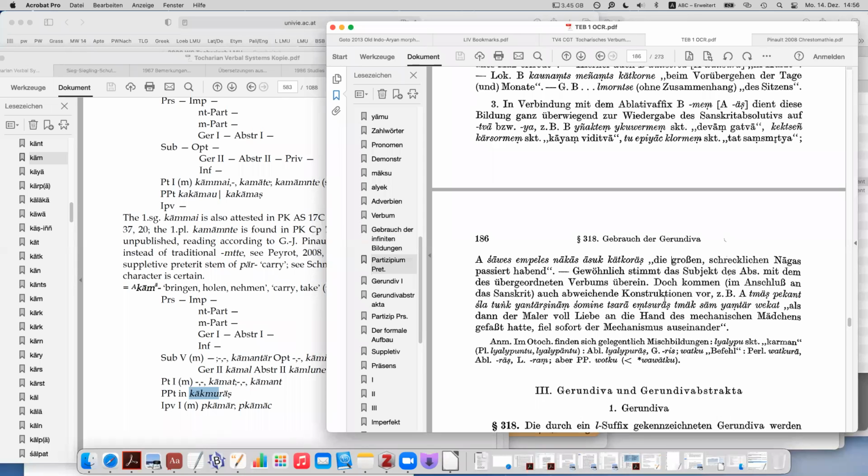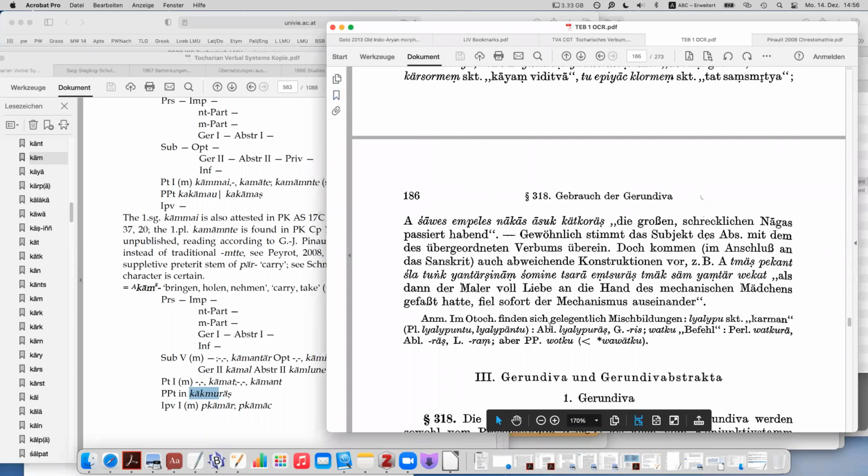But pay attention. This is actually the most productive way to build an absolutive in Tocharian. But in Tocharian A, in Ostrohachischen, finden sich gelegentlich Mischbildungen. So we actually find other possibilities to build an absolutive.